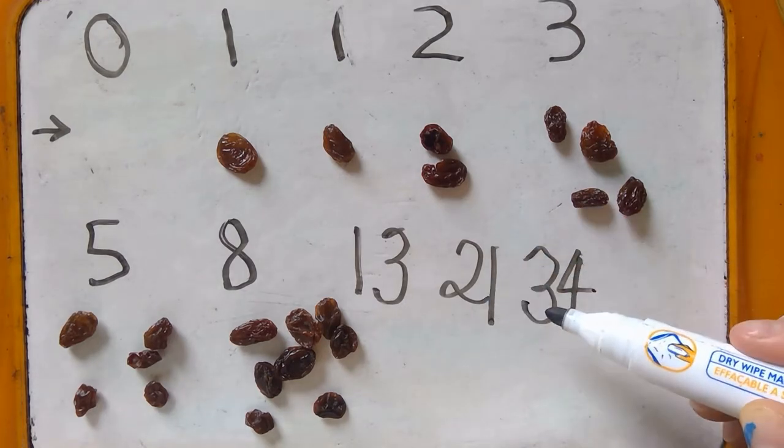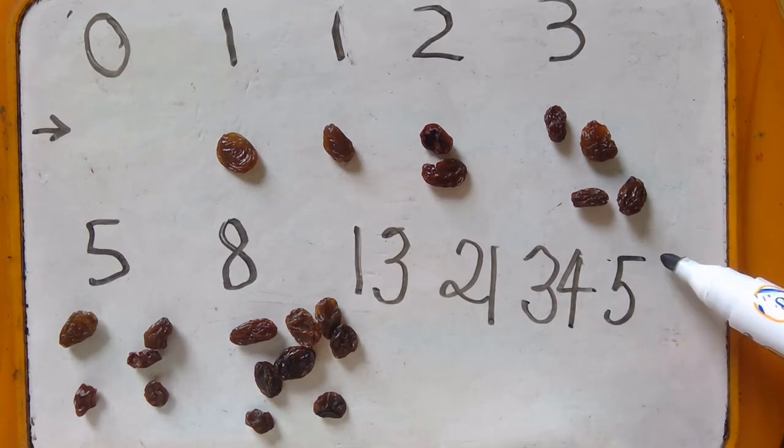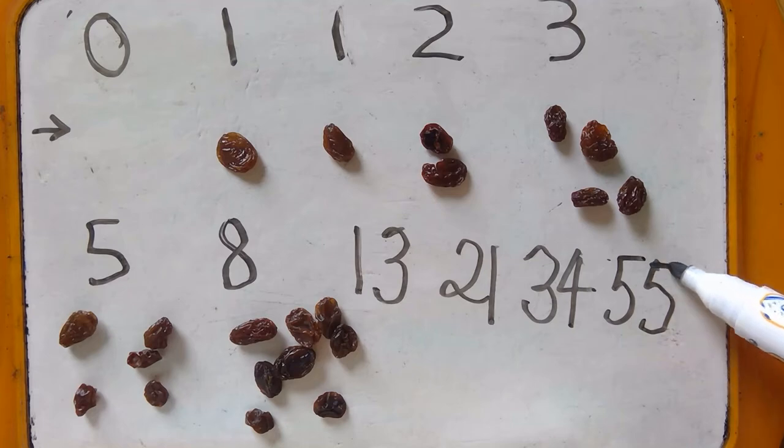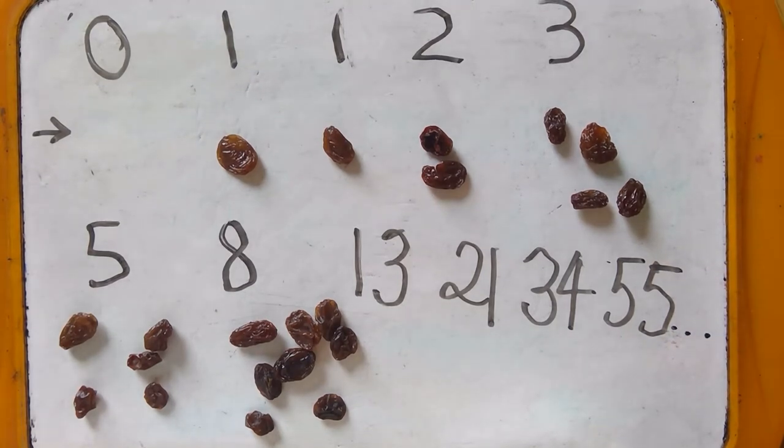And 21 plus 34 equals 55. Well, I don't have 55 raisins, so you will have to just use the sum to work it out.